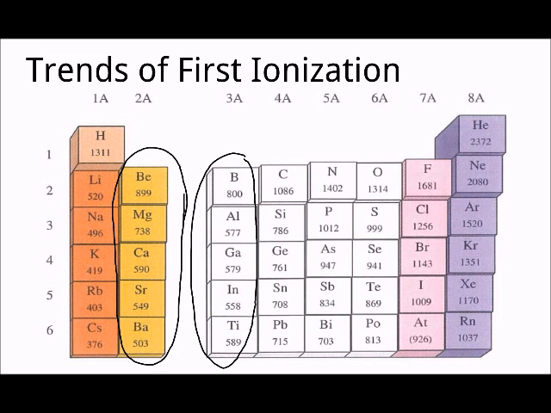There's another trend, halfway between, in the halfway filled p orbital and when we start pairing electrons. So right here, if we go 3 electrons into the p orbital, you see nitrogen, phosphorus as you continue down, and then if you look across, look at oxygen compared to nitrogen. We're dropping down close to 100 in our energy requirement.